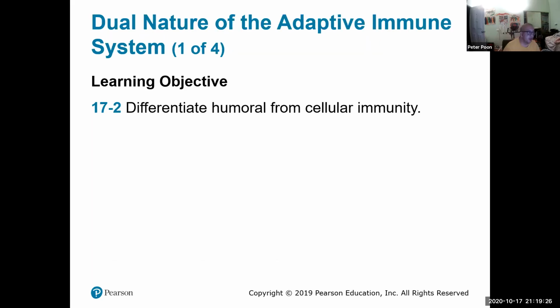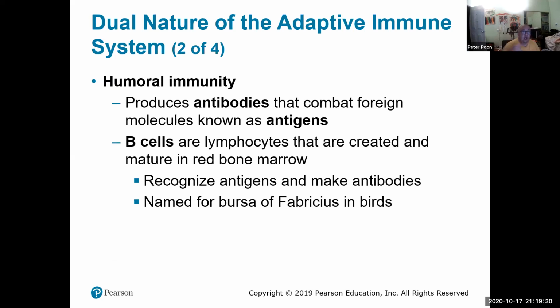So, this objective is definitely important. From the point of view of your immune system, there's two things about you: the cells that make up who you are and the fluid that surrounds those cells. So humoral immunity and cellular immunity.